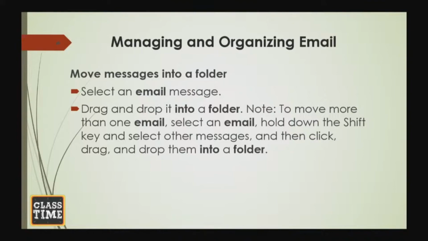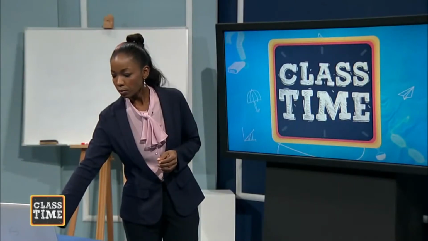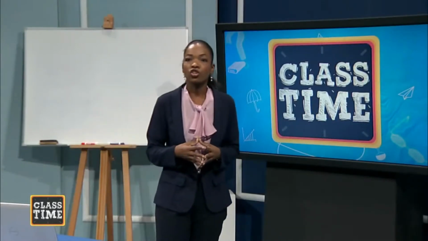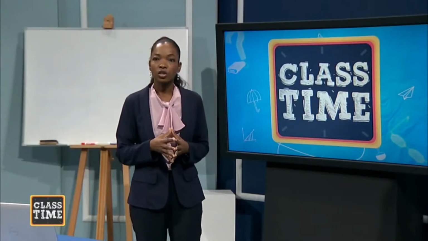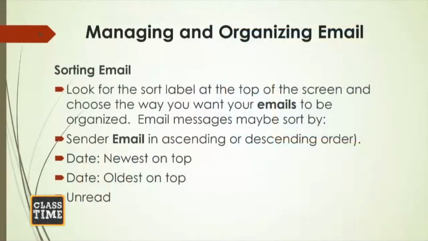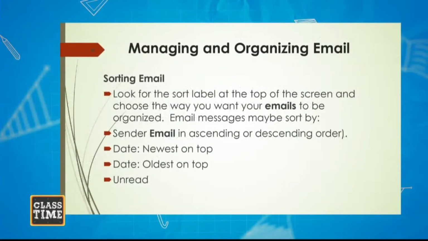All right? So those are some of the features of the electronic mail. And we're still looking at features. So we are sorting our mail now. To sort your mail, remember that some persons will always look at their email more quickly than some.